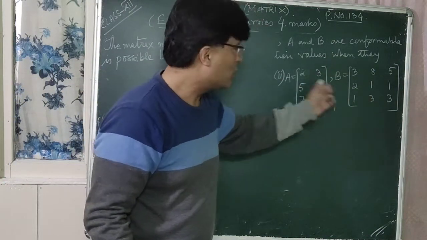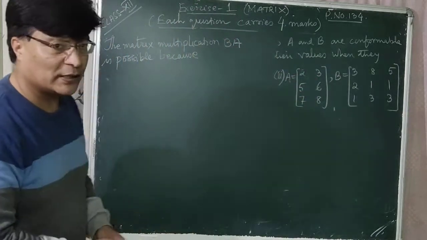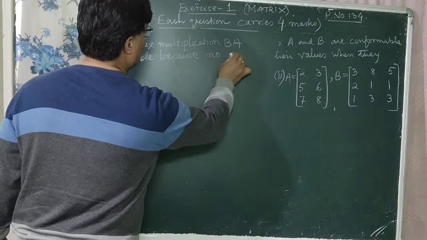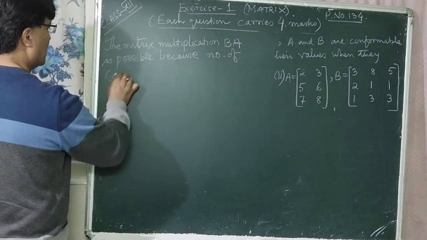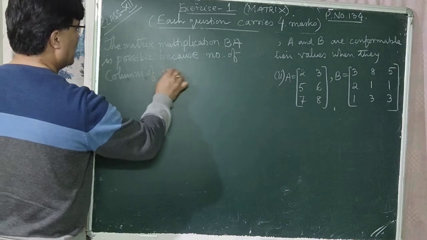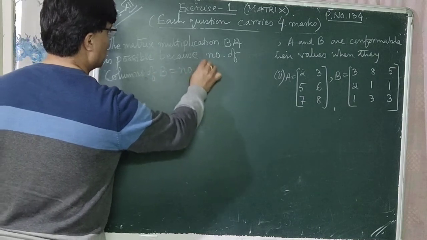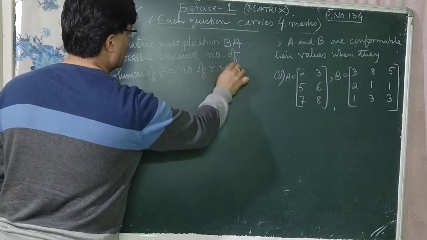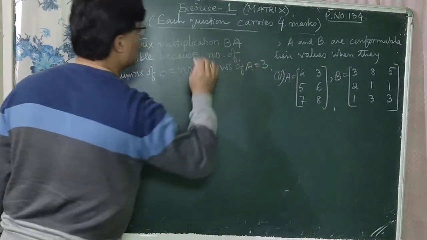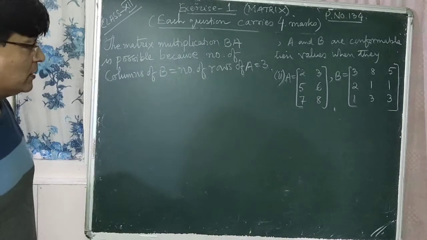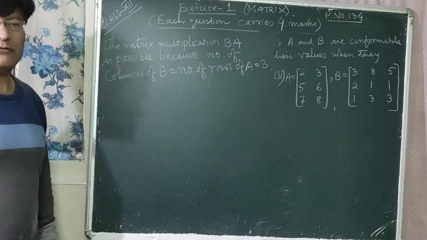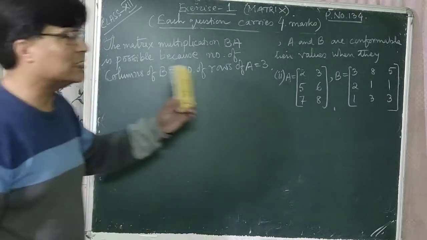It is 3. What is the number of rows of A? It is 3. That means they are equal, because the number of columns of B is equal to the number of rows of A, which is equal to 3. Okay, so in this case you have to find out the matrix multiplication BA because it is conformable.